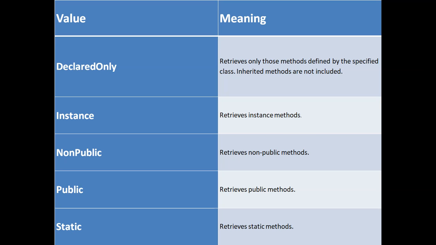Basically we can say it returns information about itself, meaning in whichever class we are using reflection, it will return all the information about that particular class.